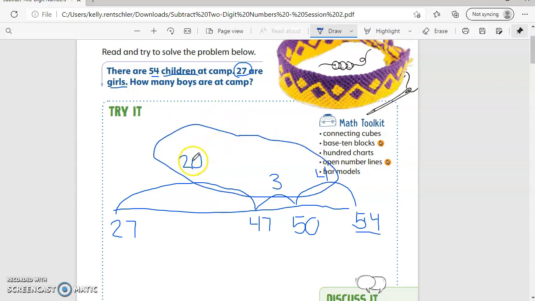Well, it just so happens 20 plus 3 is 23. 23 plus 4 is 27. So there are 27 boys. There is the same amount of boys as girls.